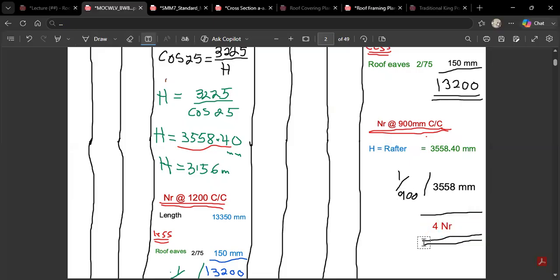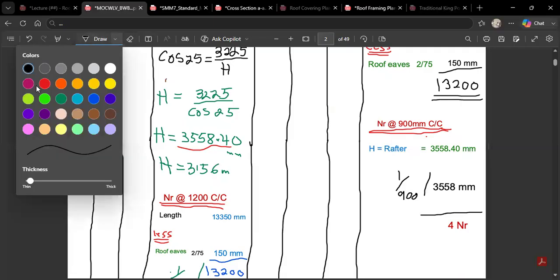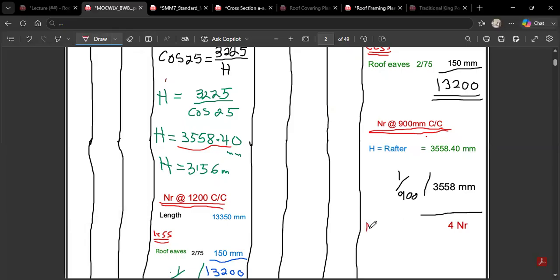Then we add 1 for wastage. So from here, we are adding 1 for wastage.